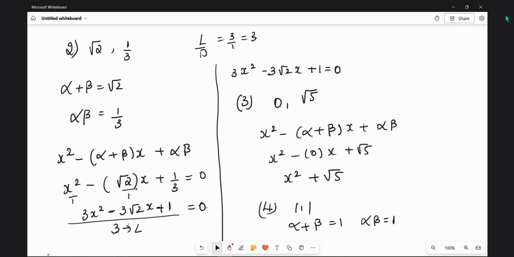So in this case, what is the equation? You will get polynomial x square minus x plus 1. Yeah. These are comes in the MCQ part, 1 mark questions. Okay.